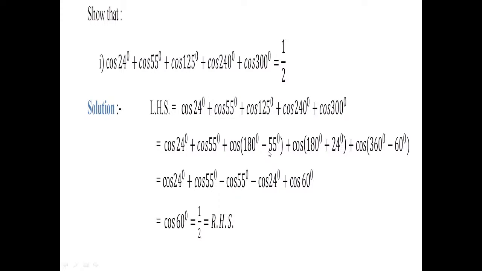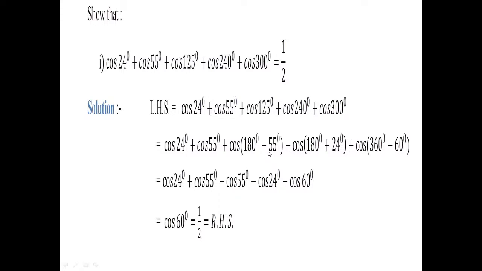Cos of 180 plus theta is in the third quadrant, and in the third quadrant cos is negative, therefore minus cos of 24 degree, plus cos of 360 minus 60. Again an even multiple, so cos remains cos. 360 minus 60 is 2 pi minus theta, which is in the fourth quadrant, and in the fourth quadrant cos is positive, therefore cos of 60 degree.